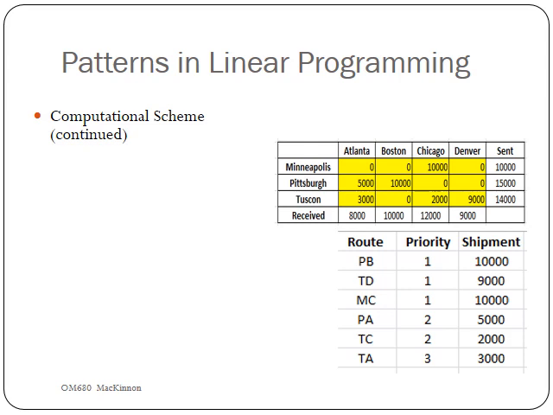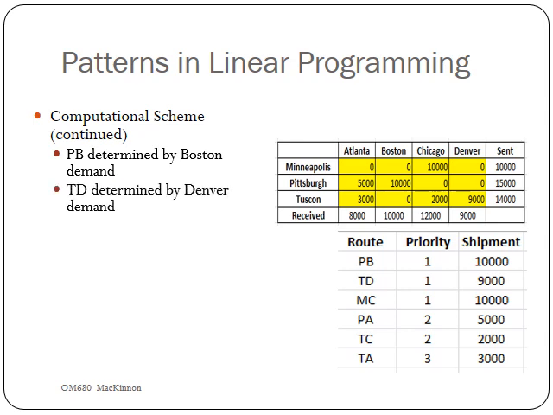Let's take a look at it in a little more detail, and let's try talking this through. All right. So the route PB, Pittsburgh to Boston, is determined by the Boston demand. Pittsburgh could send more, but that's all Boston wants. So that value is determined by the Boston demand.